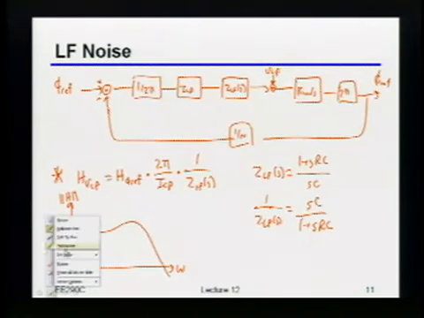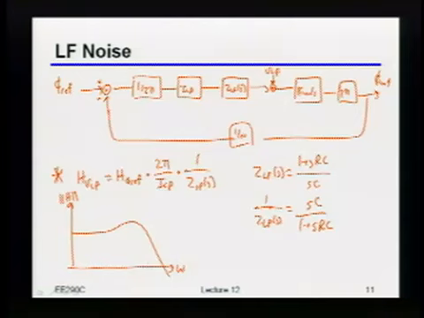If we draw that out in a different color, it looks something like this. Notice that the point at which it flattens out is intimately related to what the PLL was doing as well, because it's the same RC. So if I have that as the thing I'm normalizing by, what's the overall response going to look like due to voltage noise on that loop filter?